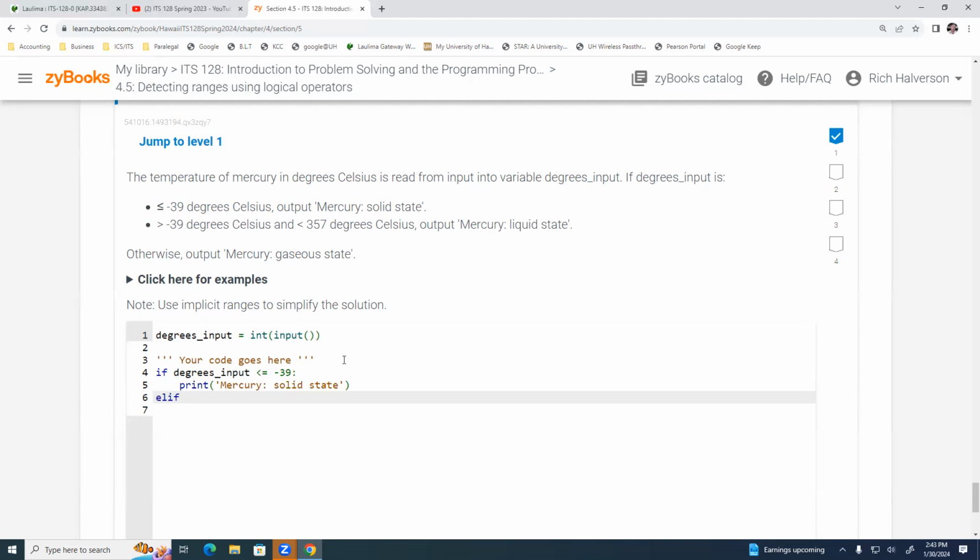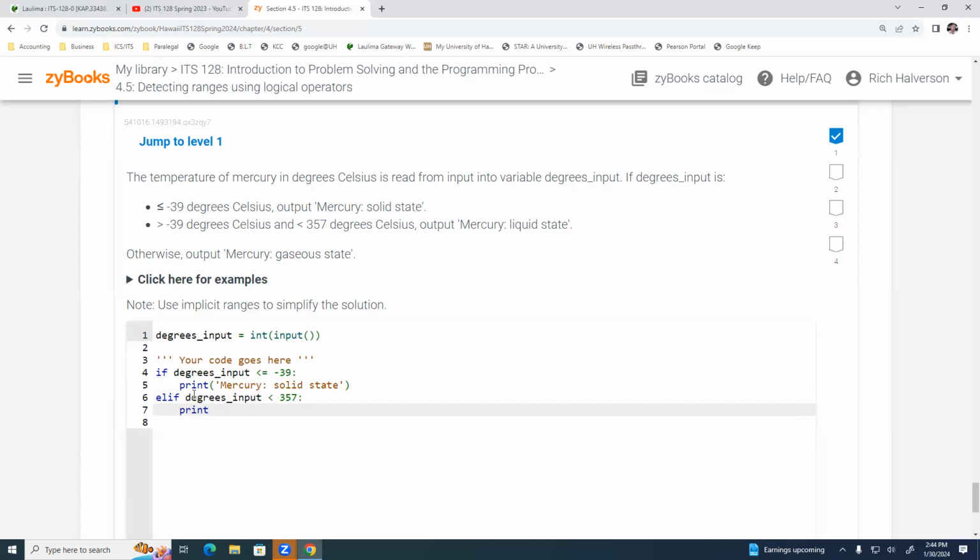We only have to test if it's less than 357 degrees to know if it's mercury liquid state. So I'm going to say degrees input is less than 357 degrees.